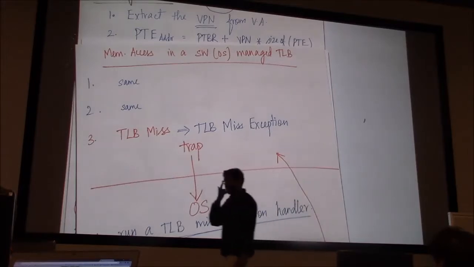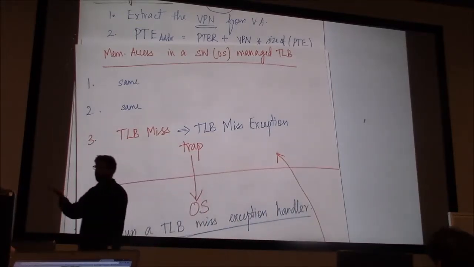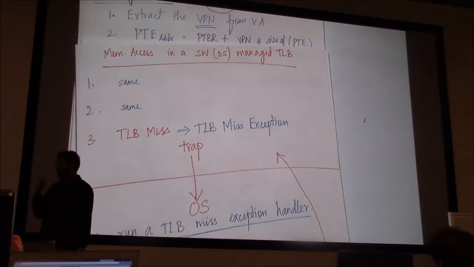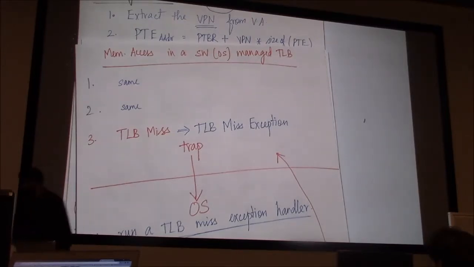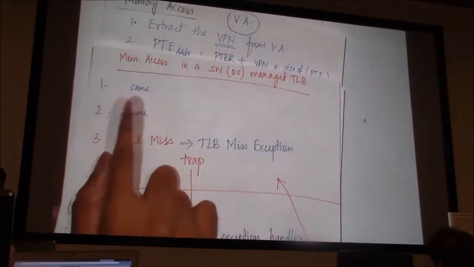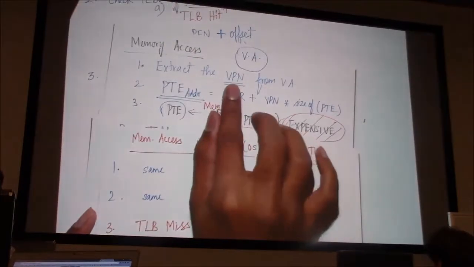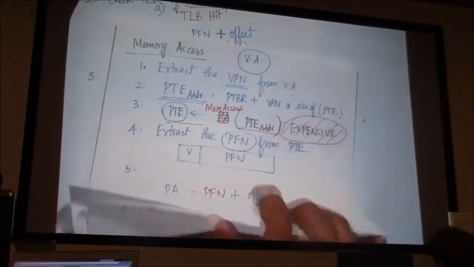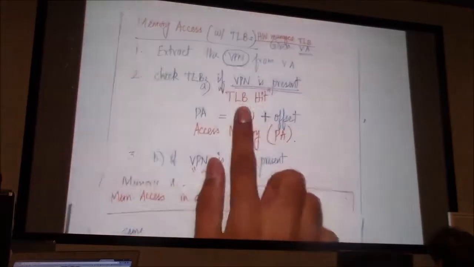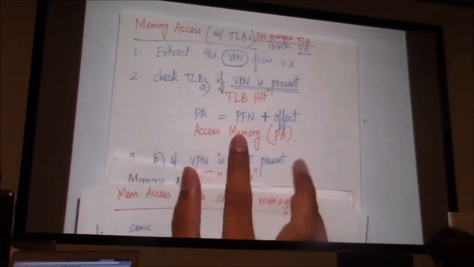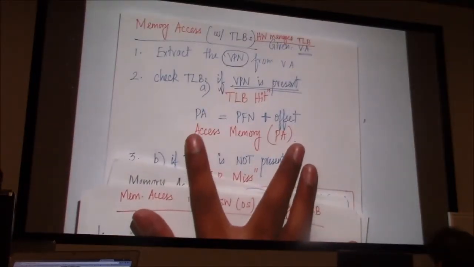Exactly, the hardware should execute the current instruction one more time, because only if it executes the current instruction one more time, we would be able to come back to this particular step again, where we can extract the VPN from the virtual address, and then it is going to be a TLB hit, okay?